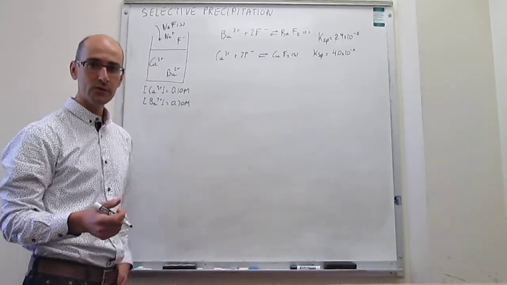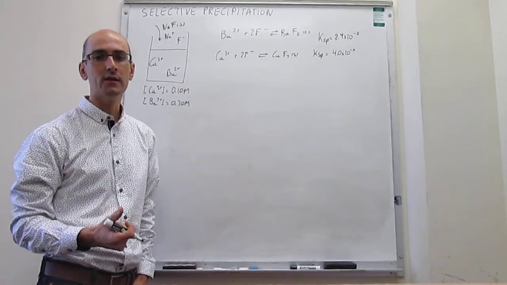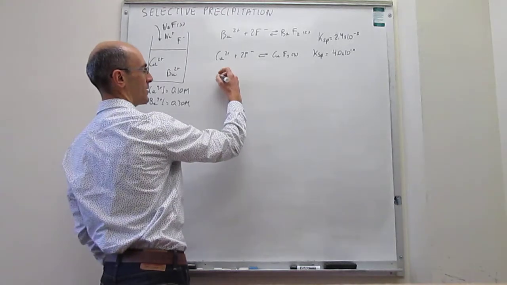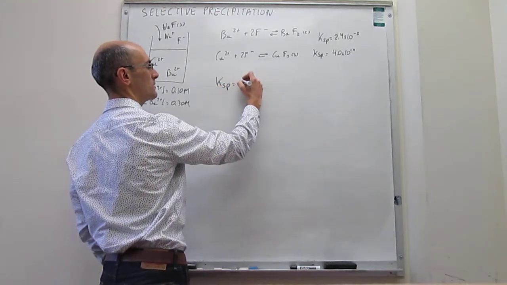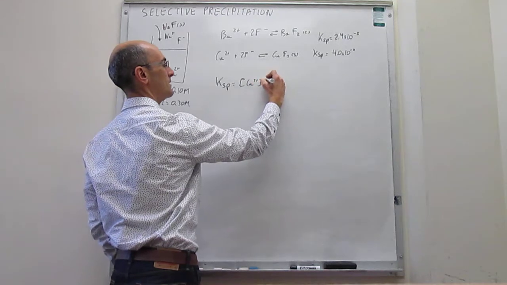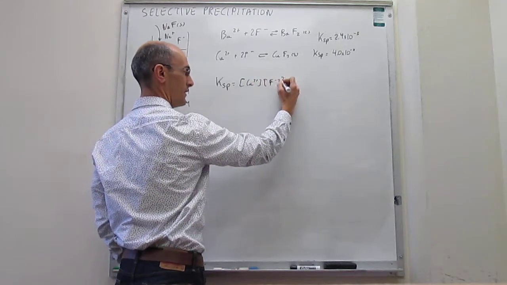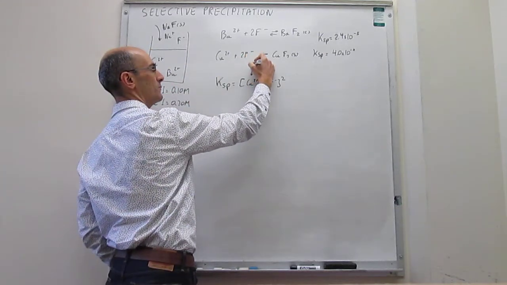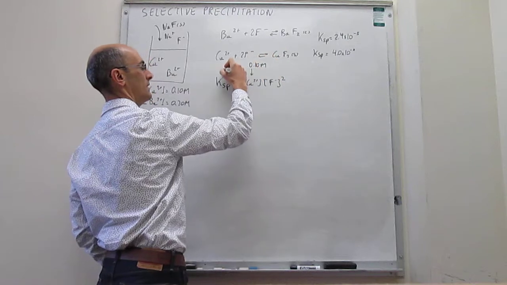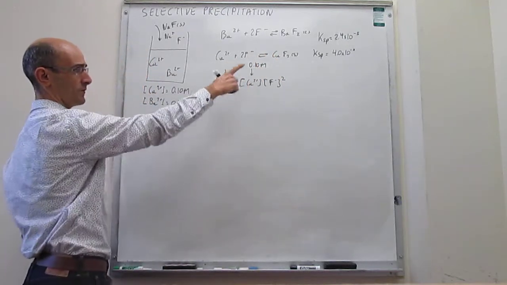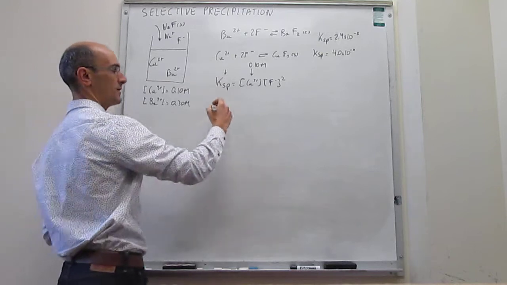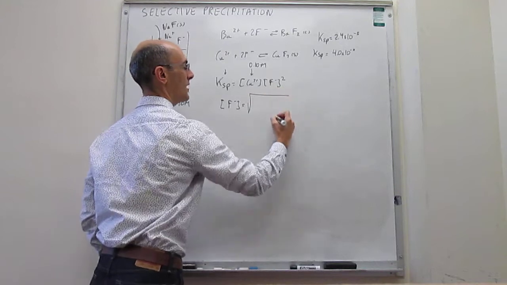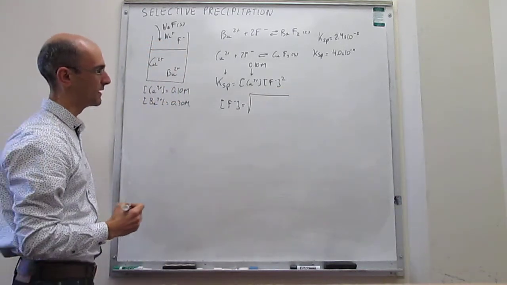The first question is, how much fluoride do you need to see any calcium precipitation? You can do that from the solubility product. The solubility product is equal to the concentration of calcium times fluoride squared. You know the concentration of calcium that you have initially, 0.10 molar, and you know the solubility product as well, which is 4.0 times 10 to the minus 11. So you can solve for the concentration of fluoride minus at which you will start to see precipitation of calcium fluoride.